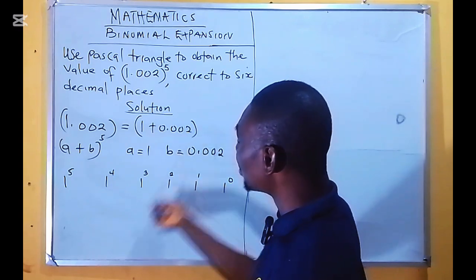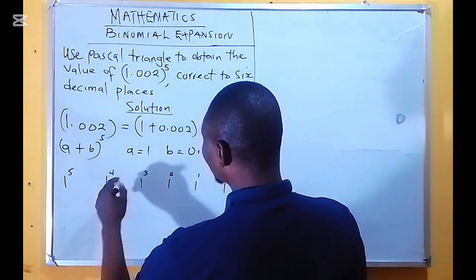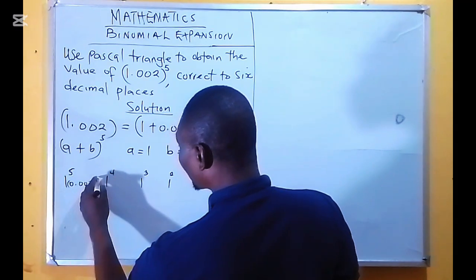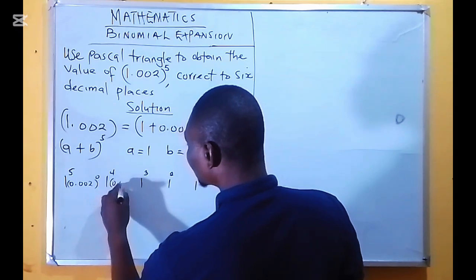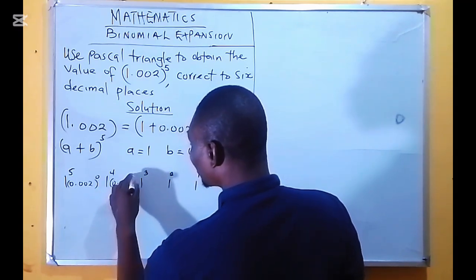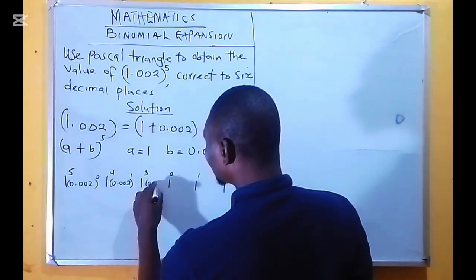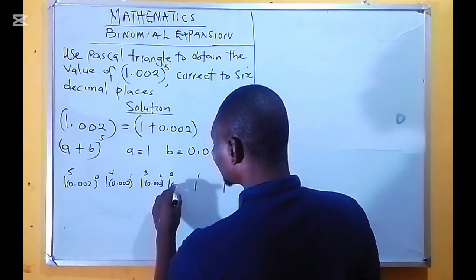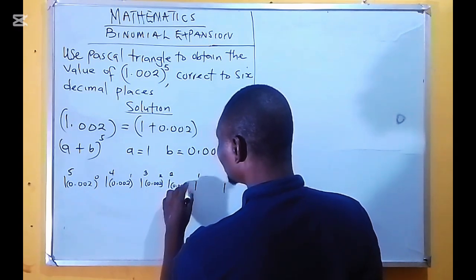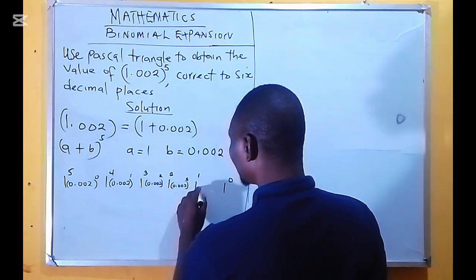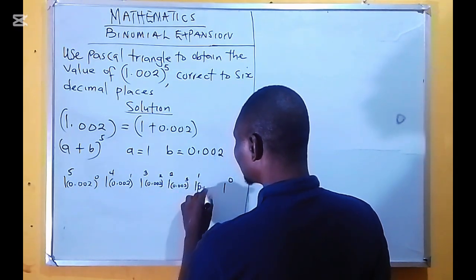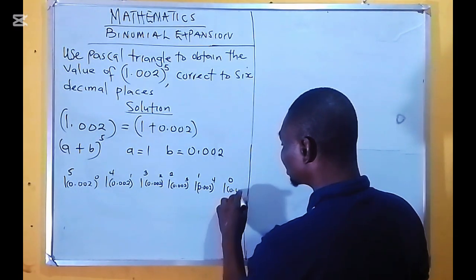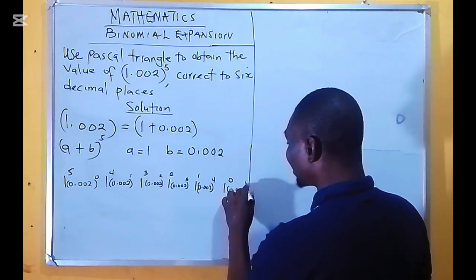Then the power of the second term will increase, starting from 0. So we now have 0.002 raised to the power of 0, 0.002 raised to the power of 1, then 0.002 raised to the power of 2, 0.002 raised to the power of 3, 0.002 raised to the power of 4, then lastly 0.002 raised to the power of 5.